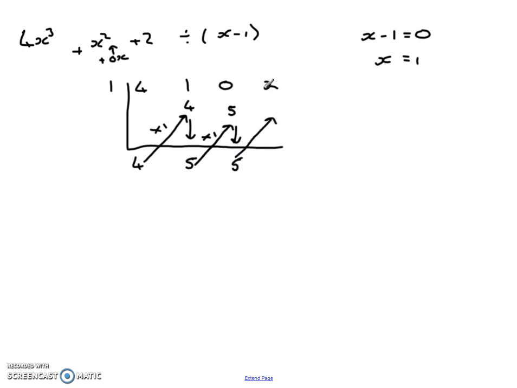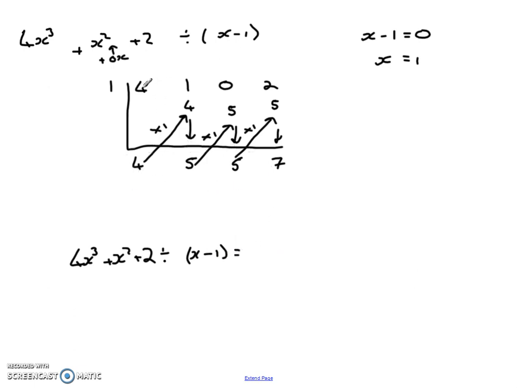Back into the table for the last time, because we're at the last column now, times it by 1 and we get 5 there. We then go down the way and sum it up, and we get 2 plus 5 gives me 7. So, from this, I'm able to read off the answer to my calculation. What I'm able to say is 4x cubed plus x squared plus 2 divided by x minus 1 equals, and we read off our powers.